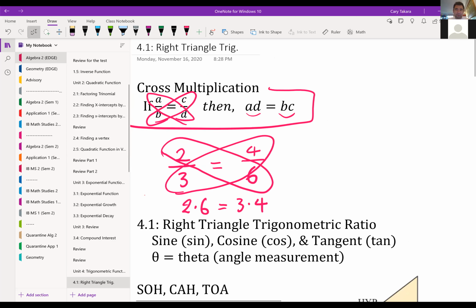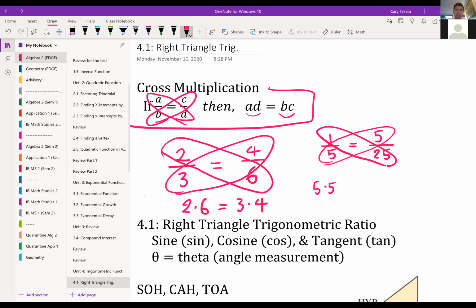Let's try another one. How about 1/5? What's an equivalent fraction to 1/5? 5/25. If you reduce 5/25, it's 1/5, isn't it? Now, is 5 times 5 equal to 1 times 25?